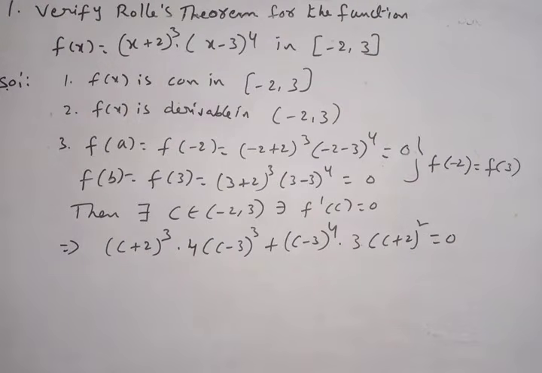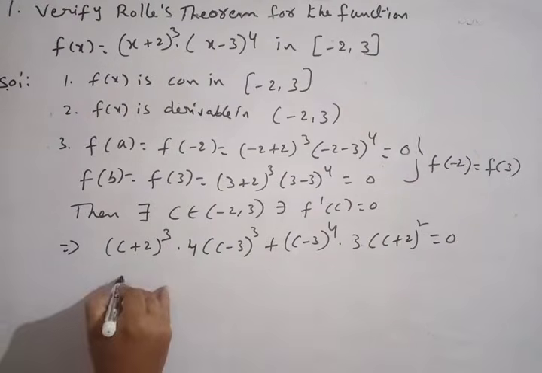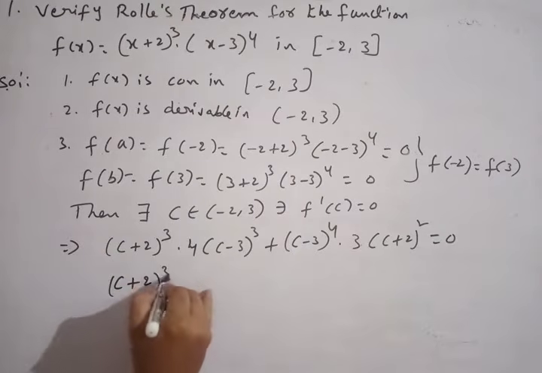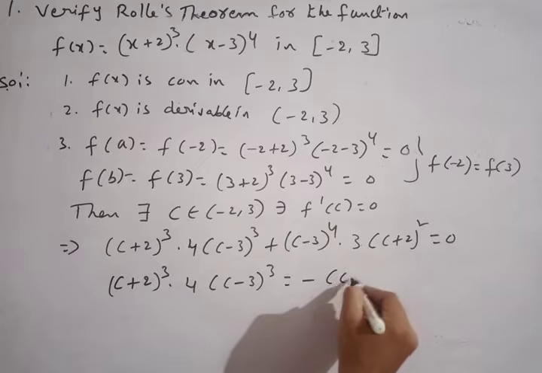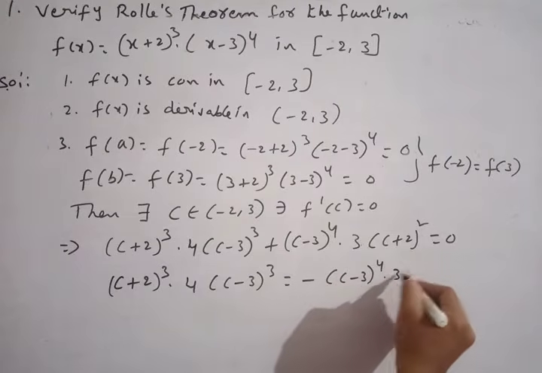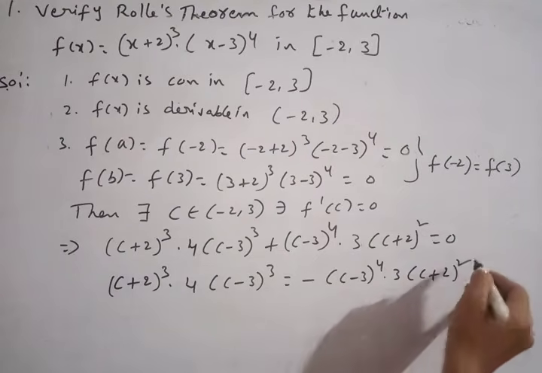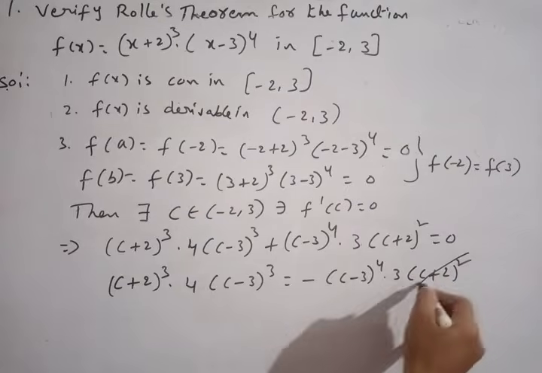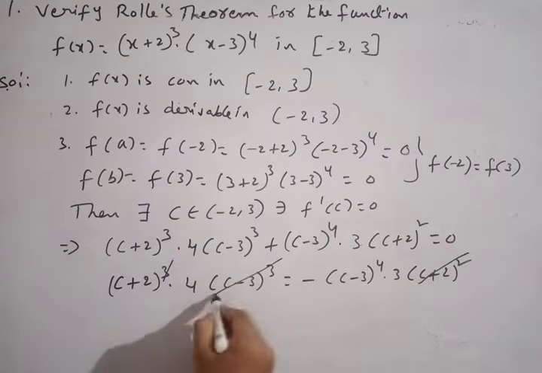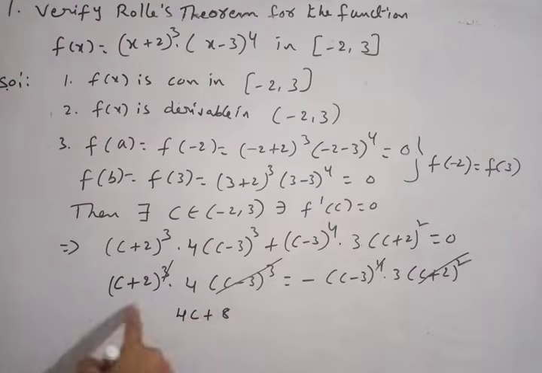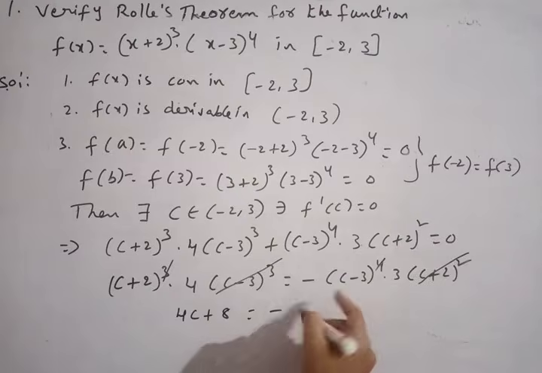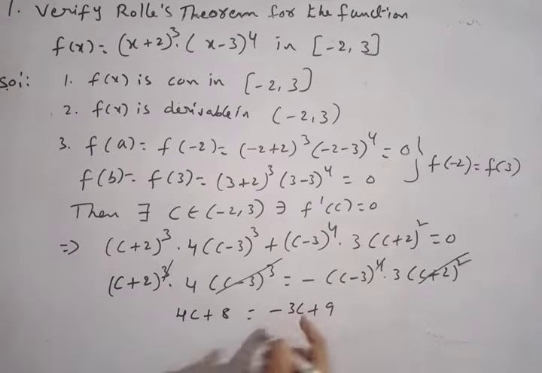So take this term to that side: c plus 2 whole cube into 4 into c minus 3 whole cube is equal to minus c minus 3 whole power 4 into 3 into c plus 2 whole square. So c plus 2 whole square cancels, c minus 3 whole cube cancels. What is left here? 4c plus 8 is left, here minus 3c plus 9 is left.